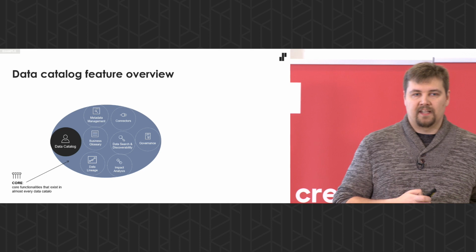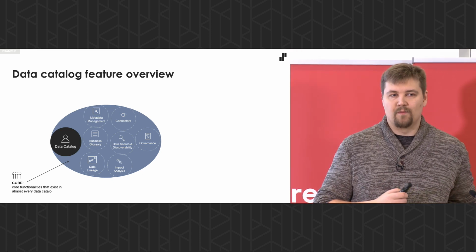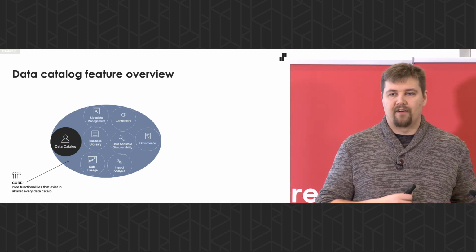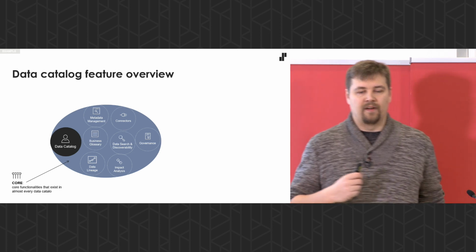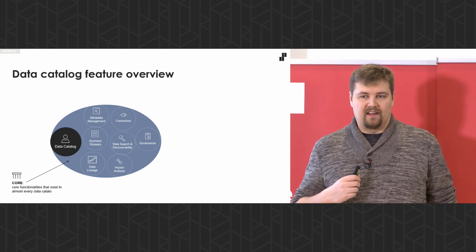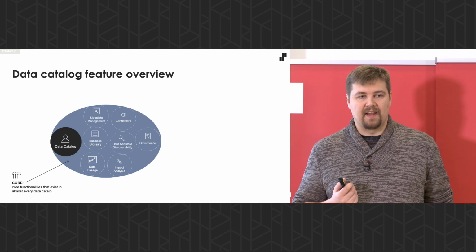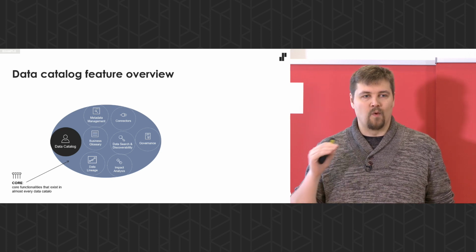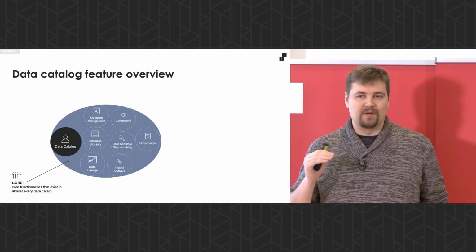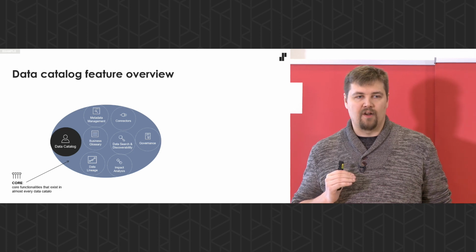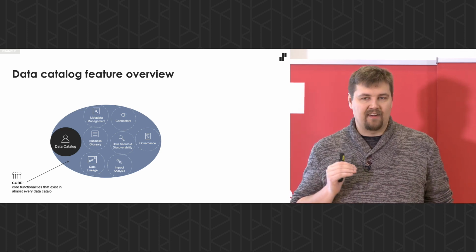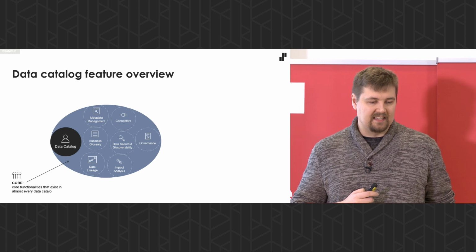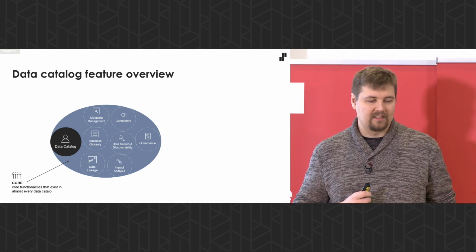Some kind of governance features. I would say that the minimum required level of governance for the data catalog is some kind of classification on the ownership and the different roles. So naming who owns a certain data asset, who is the data owner for a certain glossary term. That kind of basic governance functionality exists on pretty much all data catalogs.